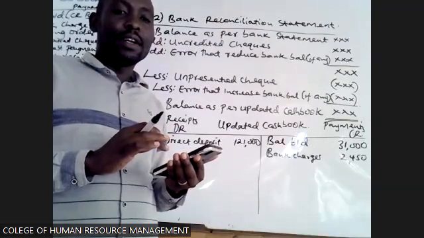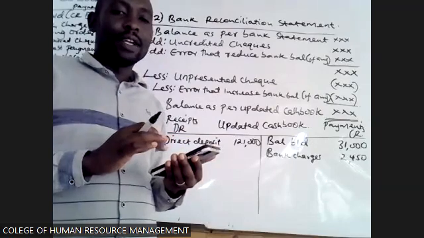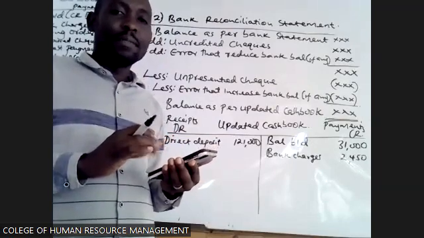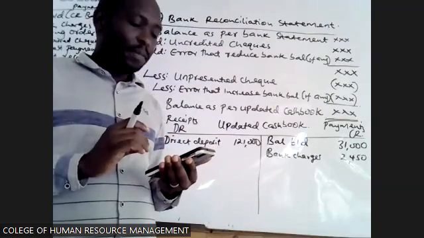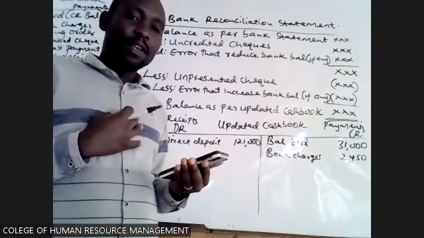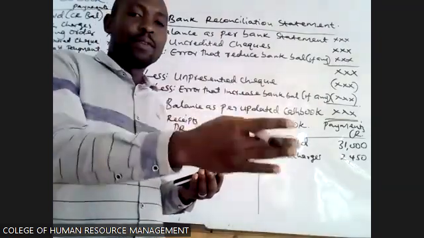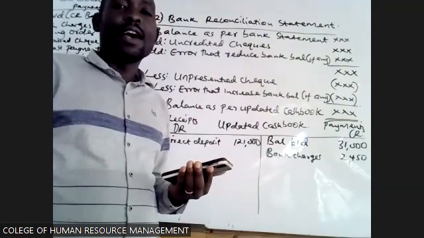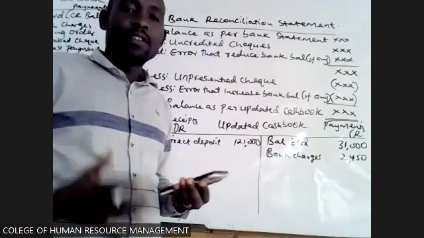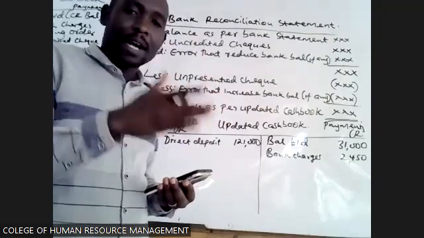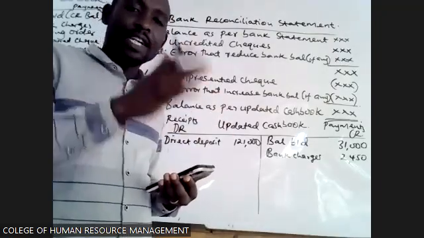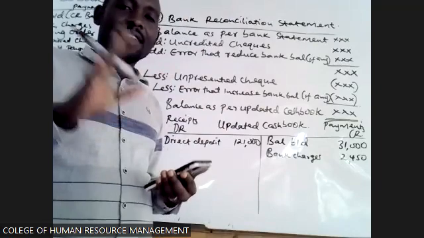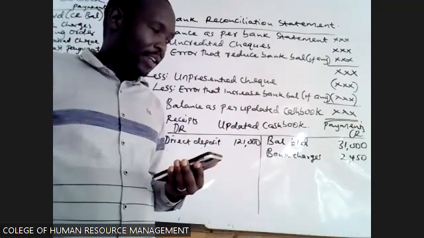What does that mean? The checks we received and we went and deposited them. Those are simply the uncredited checks. The checks that we have deposited in the bank, but the bank has not cleared them, they are uncredited.